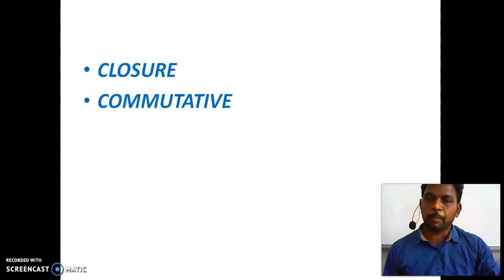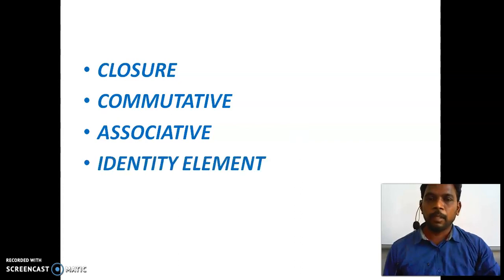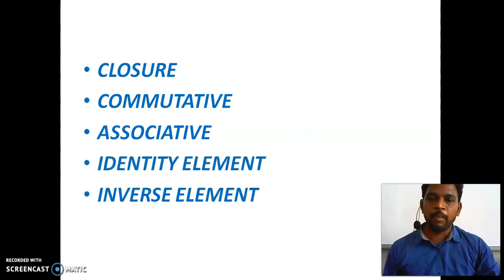Yes. So first one, closure. Second one, commutative. Third one, associative. Fourth one, identity element. And fifth one, inverse element. These are the special properties, and you have seen these kinds of properties in your lower classes also.